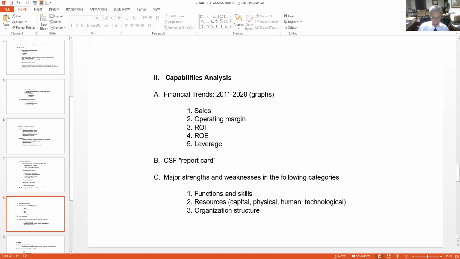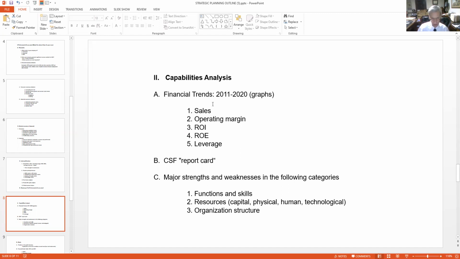I usually use a scale of 1 to 5, where 5 is the equivalent of an A and a 1 is the equivalent of an F. Rate them, calculate the average for each company in order to guess which company has the most strengths or the strongest capabilities.